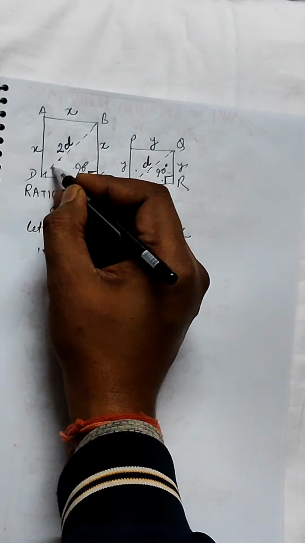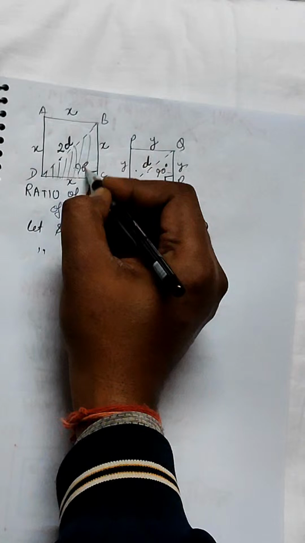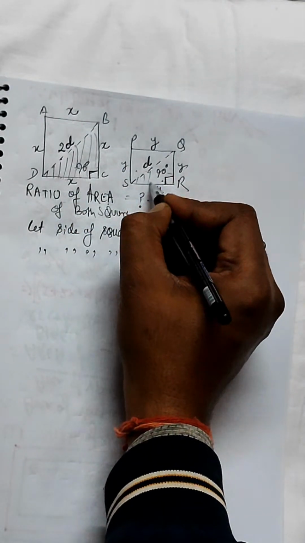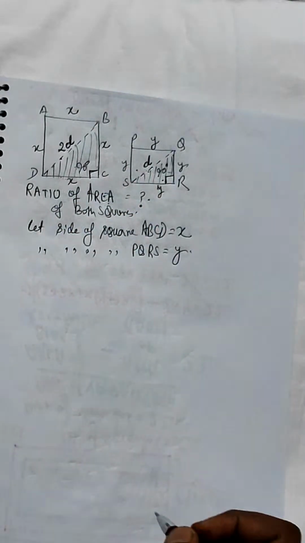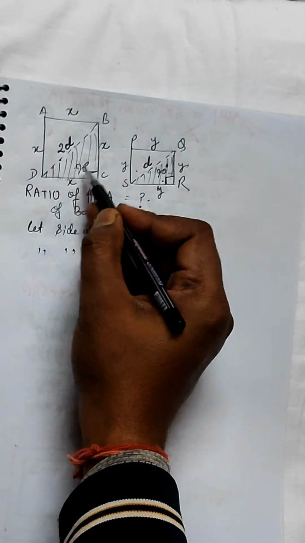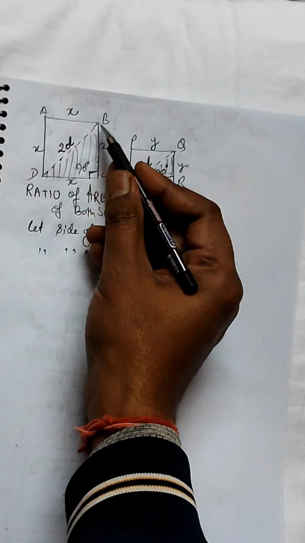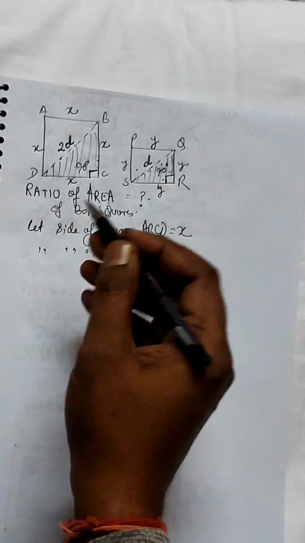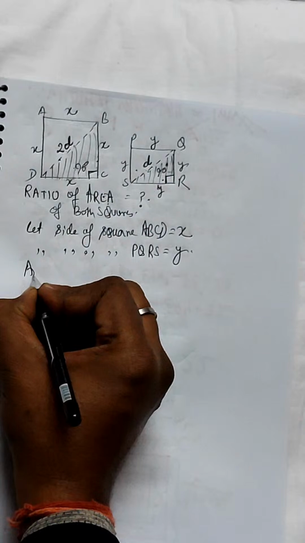So why am I highlighting it over here? Because we will be able to apply Pythagoras in these two triangles, which are formed by two sides of the square and the diagonal of that square, right?